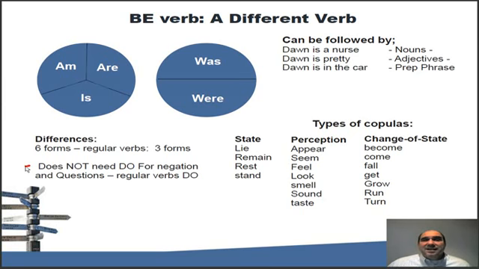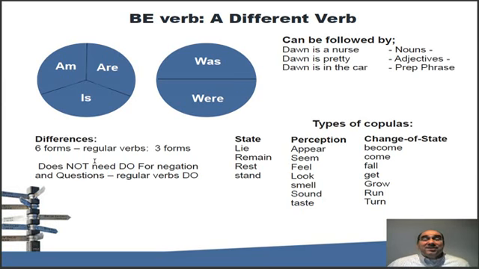I am not going, right? He is not in the car. Right? It doesn't need a do form. Additionally, when you're doing negative, you typically need a do verb. But for the copulas, you don't need one. And it's just another anomaly.